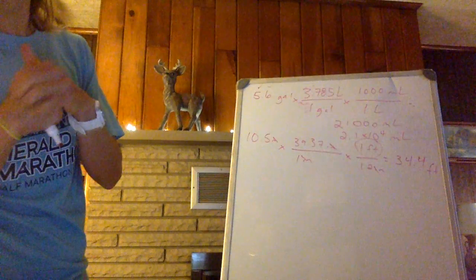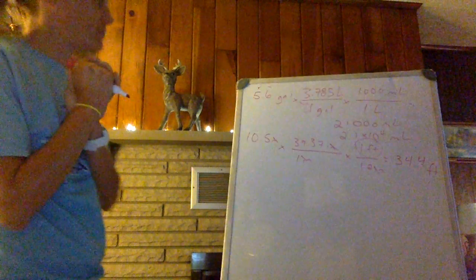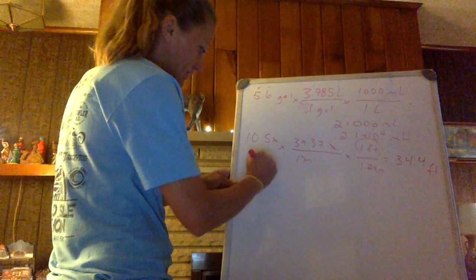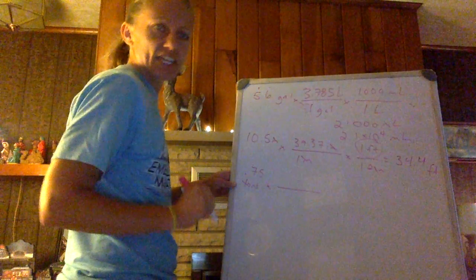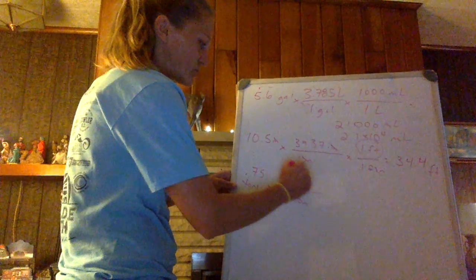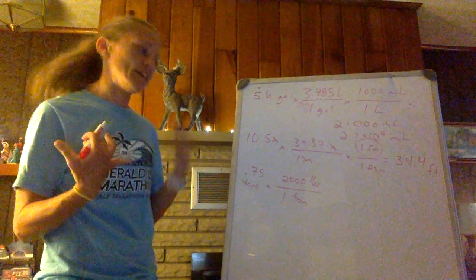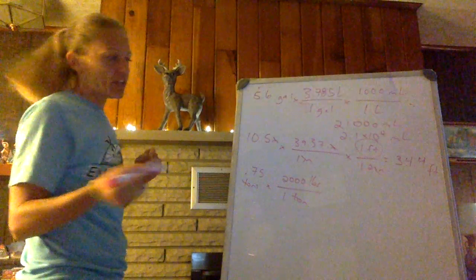Given that a ton is 2,000 pounds, how many kilograms are in 0.75 tons? I was nice and gave you some info there: that 1 ton is 2,000 pounds. There's metric ton and short ton and all that stuff, but the ton we usually talk about is 2,000 pounds. So now I want to go to kilograms.